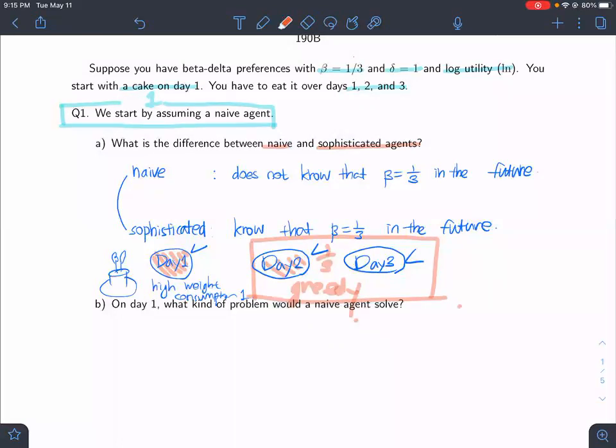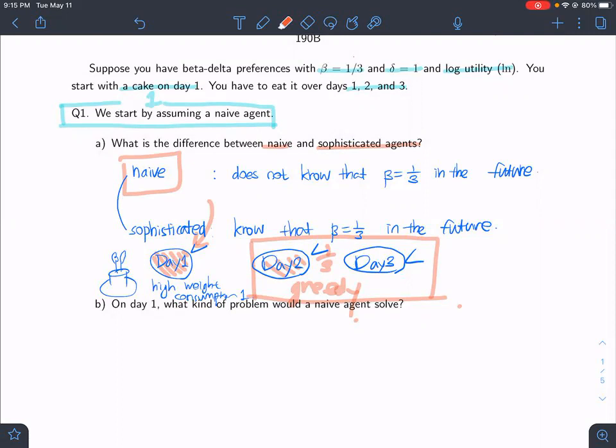Then on day 1, because I know that the June on day 2 also has beta of 1/3, I might prepare a large amount of savings of cakes. But if I'm a naive guy, I'm thinking that even if I give a small amount to the June living in day 2, he will split equally the cakes between day 2 and day 3. So I don't need to give him a large amount of cakes today.